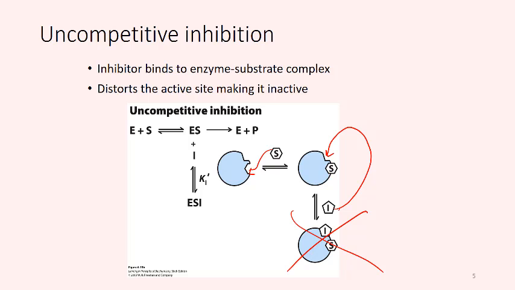So what we see with uncompetitive inhibition is that because we distort the active site, we make it inactive, so you're lowering the effective concentration of the enzyme that's available to do chemistry.